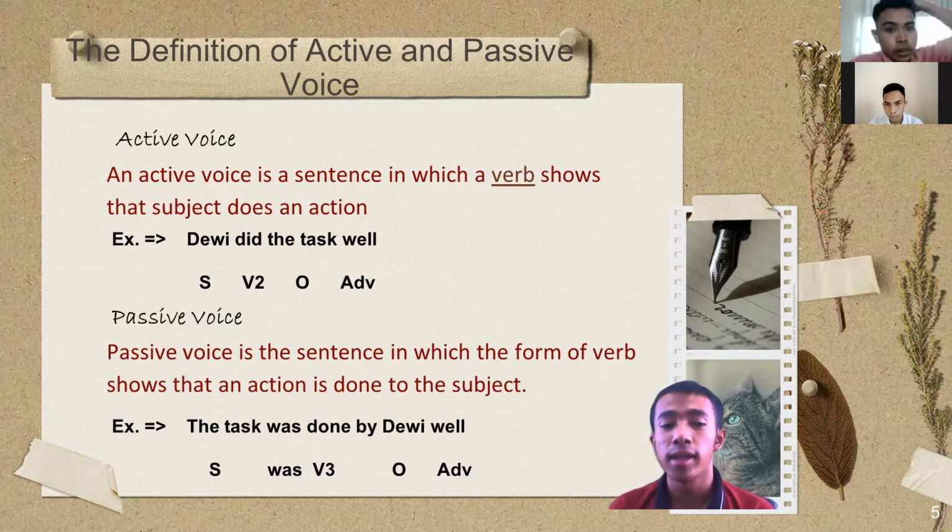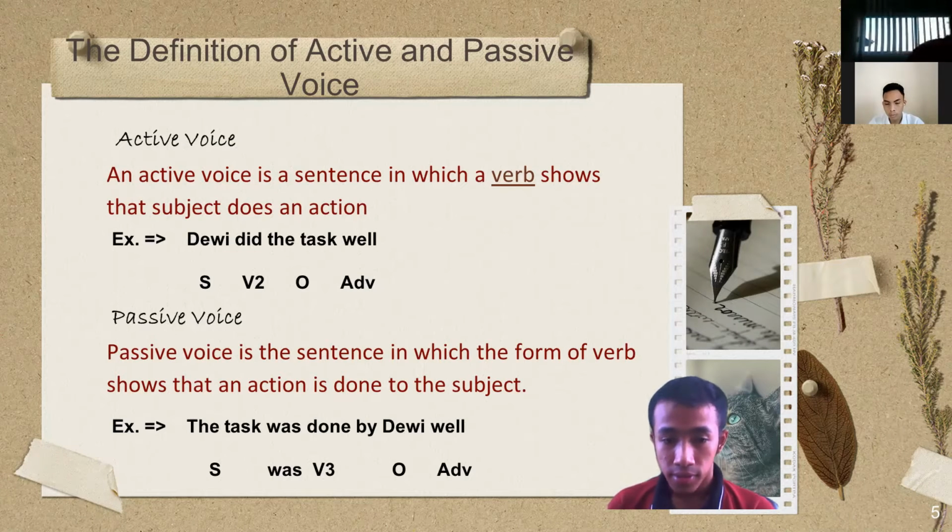Okay, next, the second one, passive voice. Passive voice is a sentence in which the form of the verb shows that an action is done to the subject. The passive voice is different from the active voice because the form of the verb changes. For example, the task was done by Dewi well.